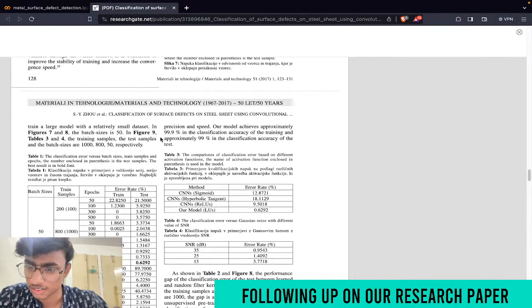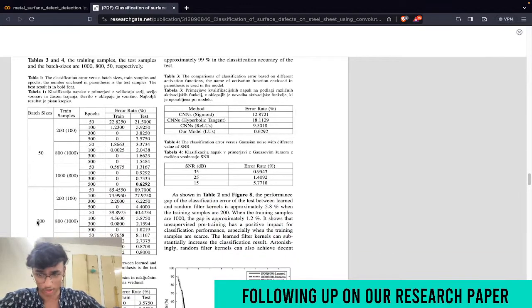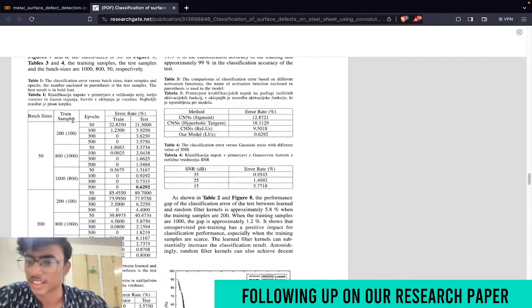No, in figures 7 to 8 the batch size is 15. Figure 9, can we even support a batch size of 200? We are using an 8 GB GPU. We'll have to see. But 50 gives the better results, so that shouldn't be a problem. Now we are using 500 epochs. If we use 500 epochs, there is an error rate of this. And I don't understand this table.